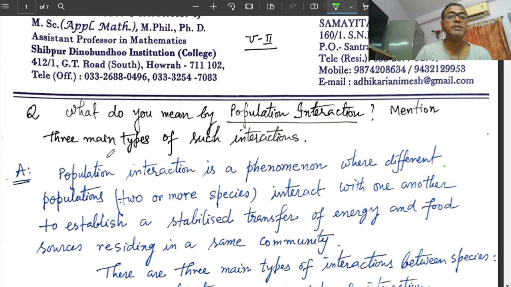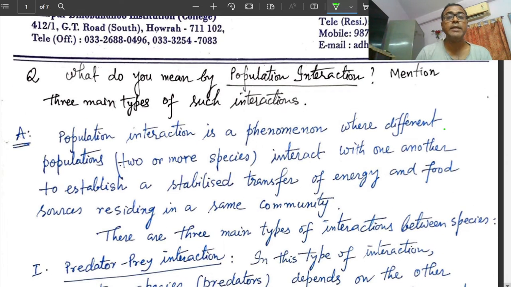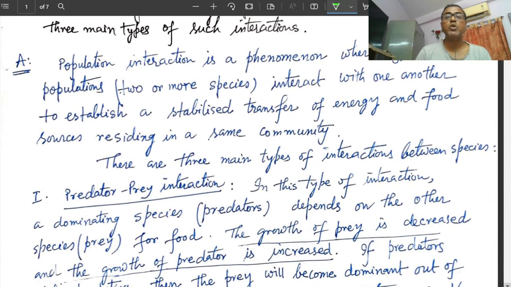So, population interaction is a phenomenon between two or more species of populations, and they interact with each other. And there are three main types of interaction between species.